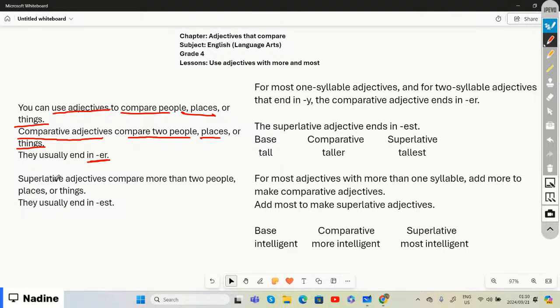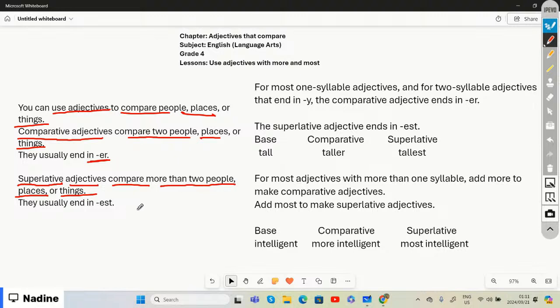And then we have a superlative adjective. Superlative adjectives compare more than two people, more than two places, or more than two things.